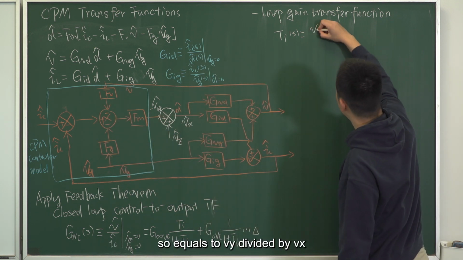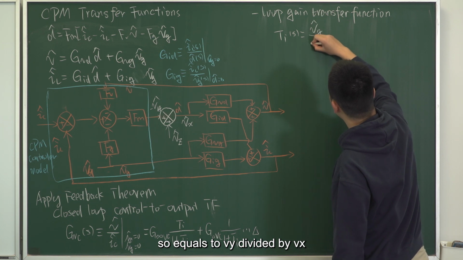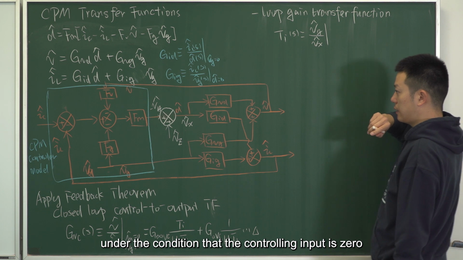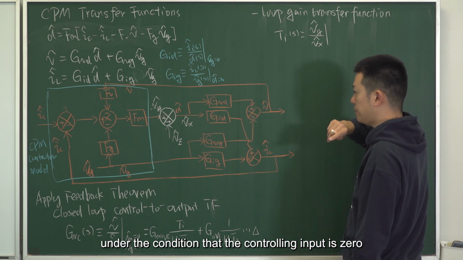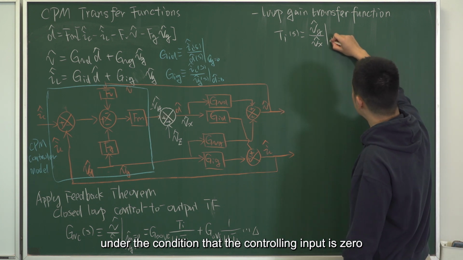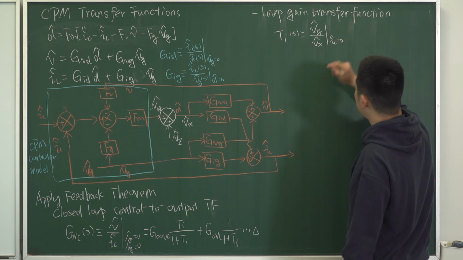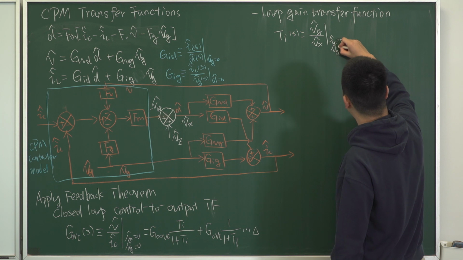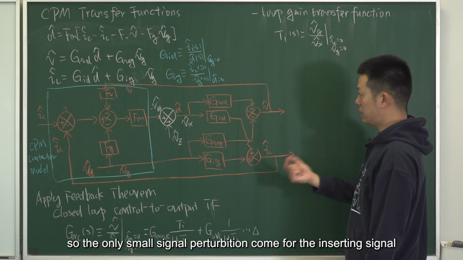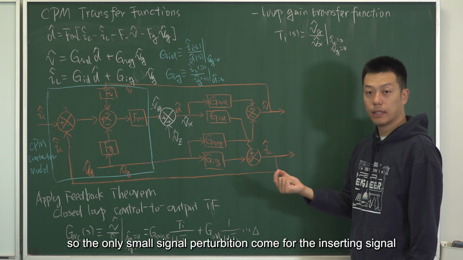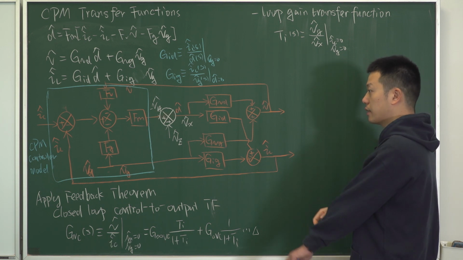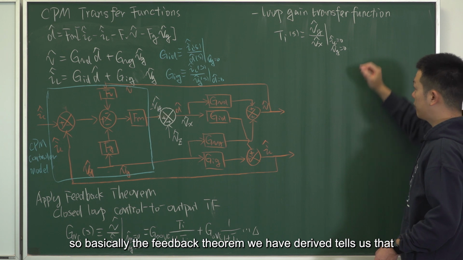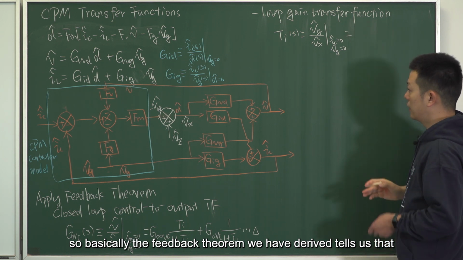So it equals Vy divided by Vx, under the condition that the controlling input is 0, and meanwhile the line input is 0. So the only small signal perturbation comes from the inserting signal. The feedback theorem we have derived tells us that.